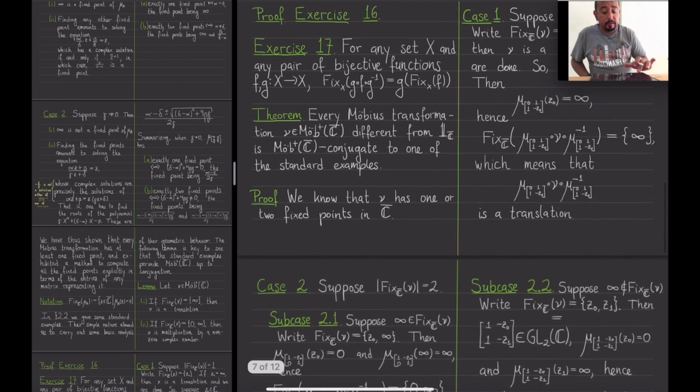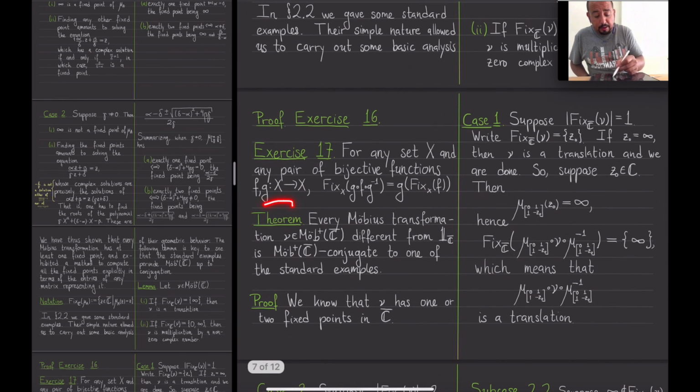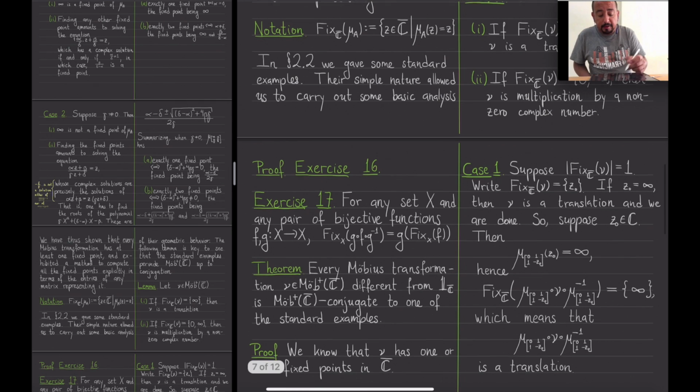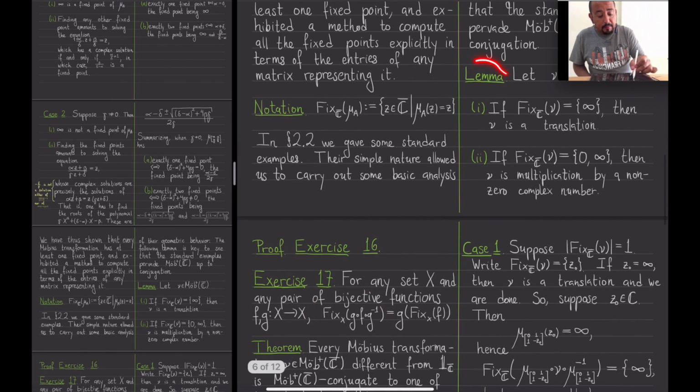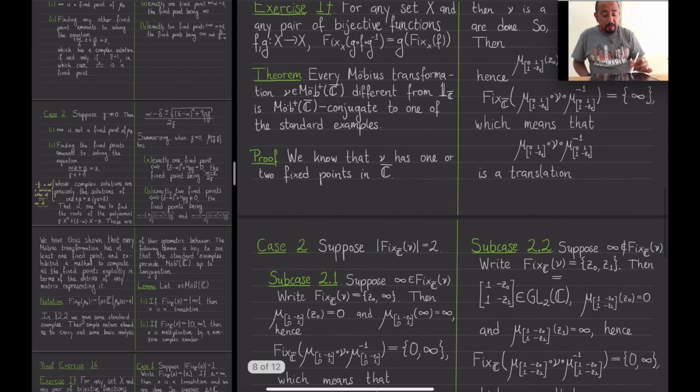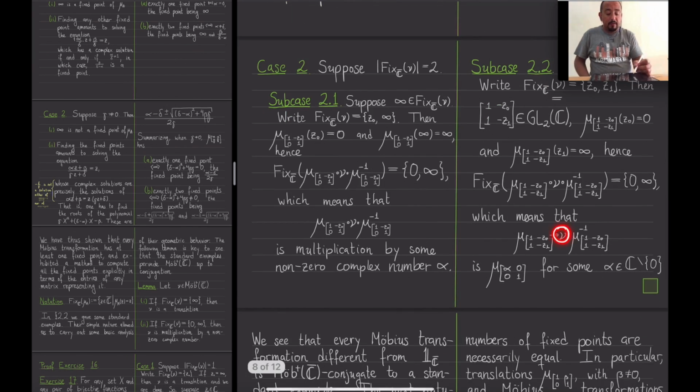Okay, so as you can see, the theorem in the end is fairly simple. It's fairly easy. Once you know this exercise and once you know this lemma, you know what you need. And once you know what you need, you write down what you need, and then you obtain your conjugating Mobius transformations that conjugate what you have into what you want.